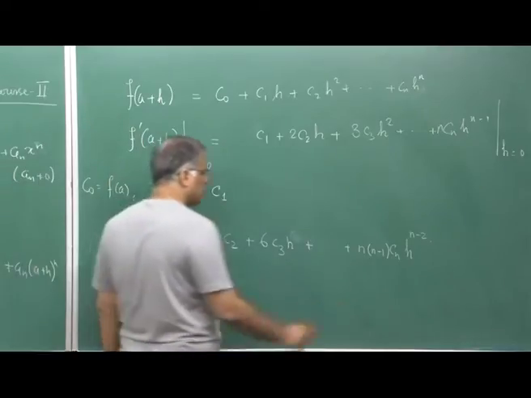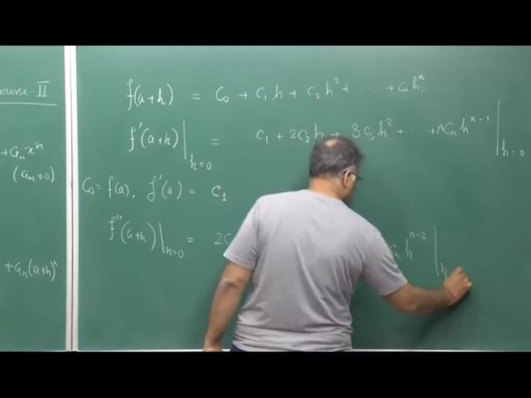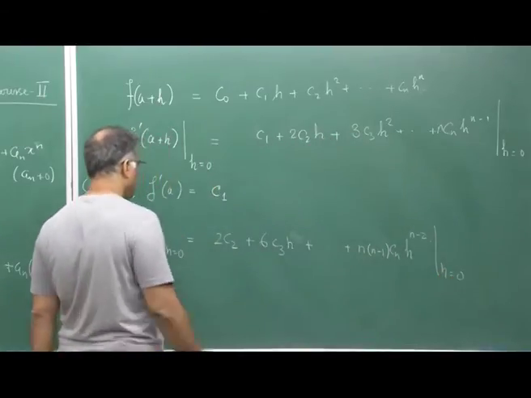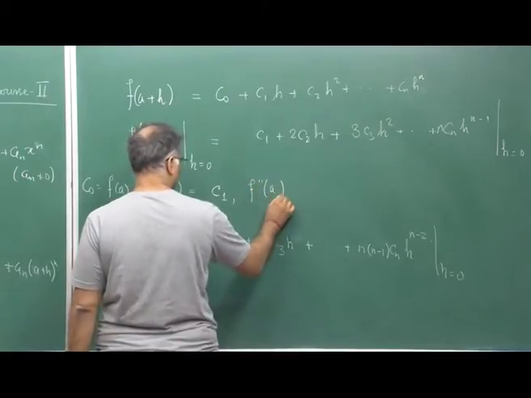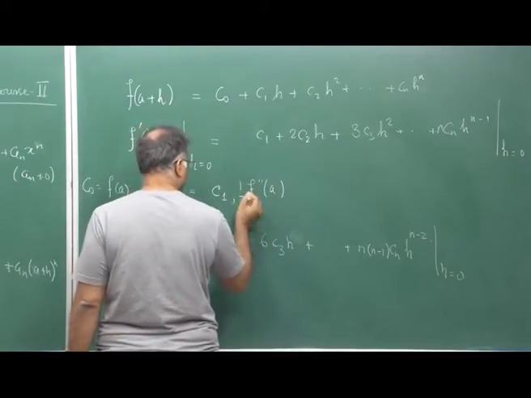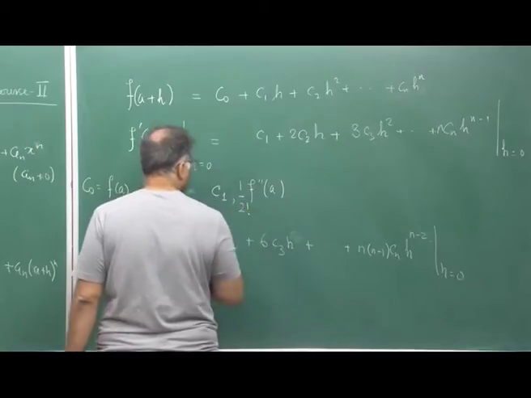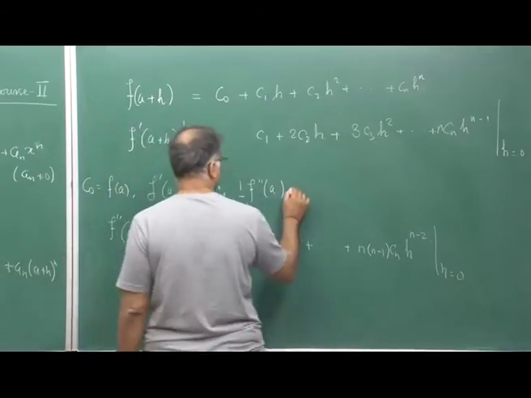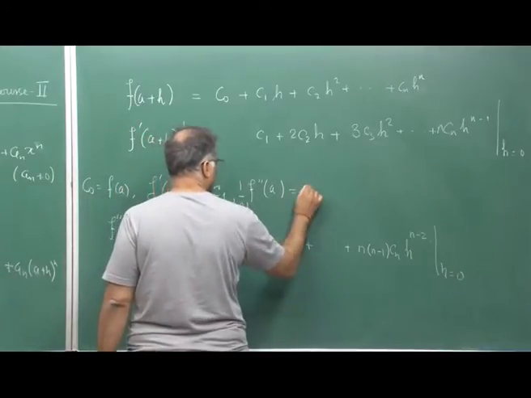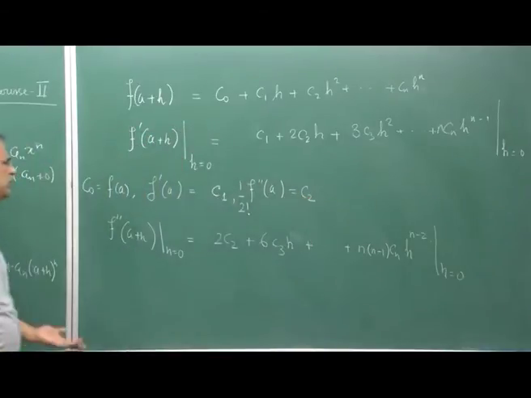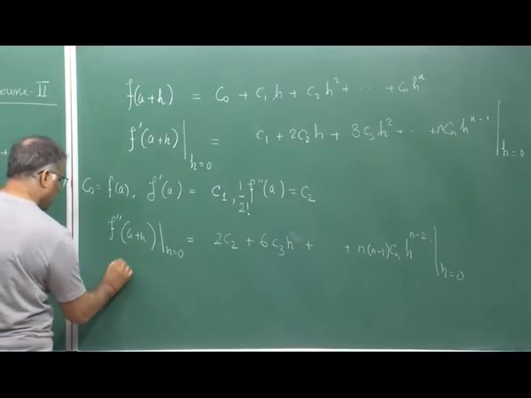Now, you calculate this at h equal to 0. Once you do that, you will immediately see that f double dash a by 2, which for some reason we will now write as 1 by factorial 2, is equal to C2. Similarly, you can try out with the third derivative.